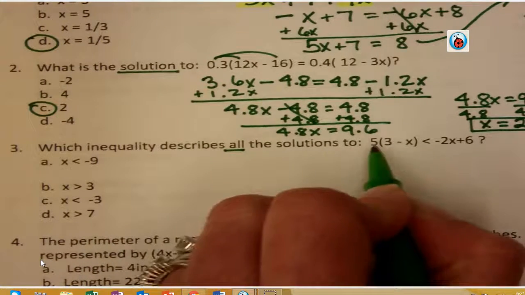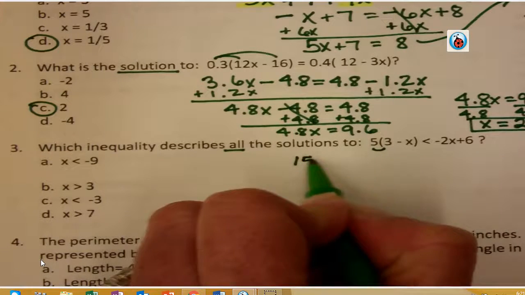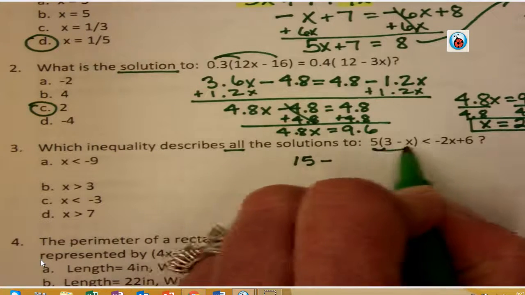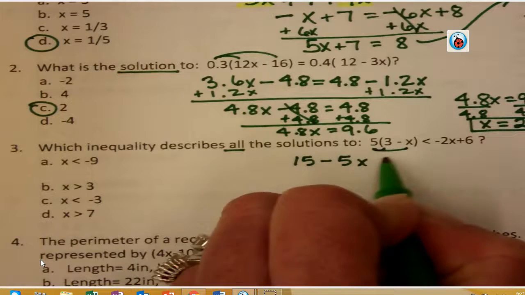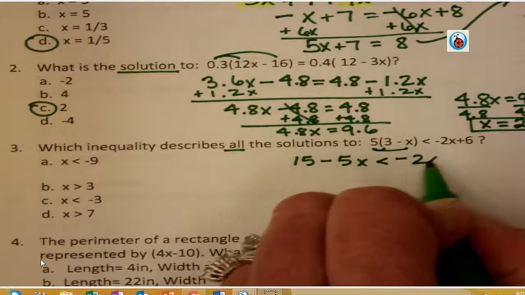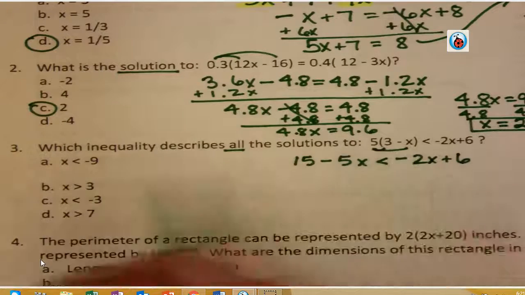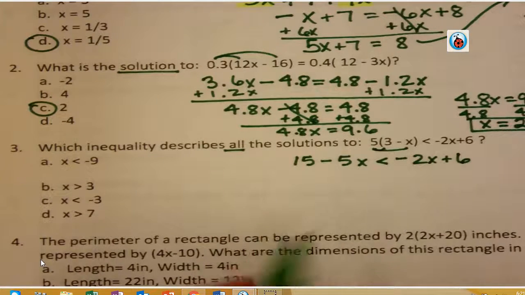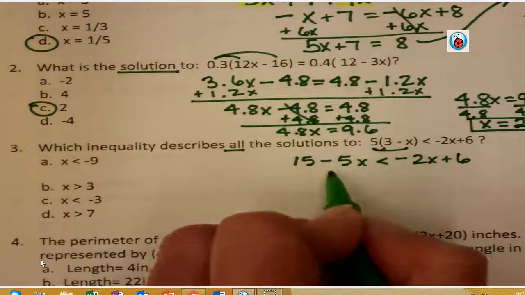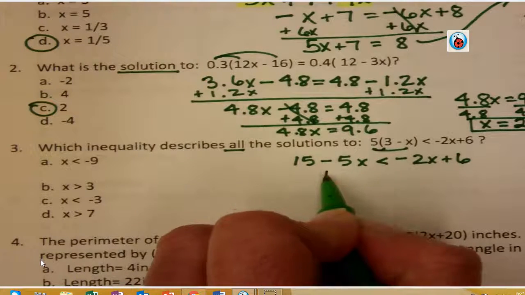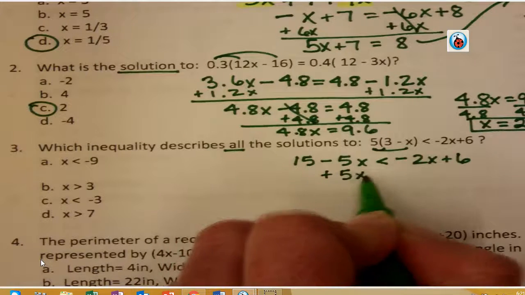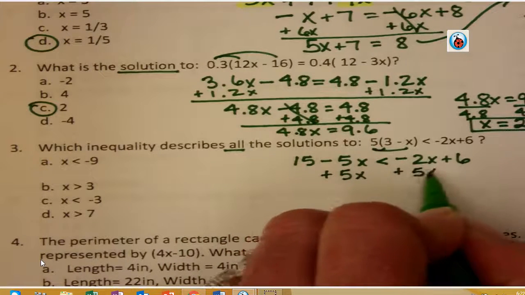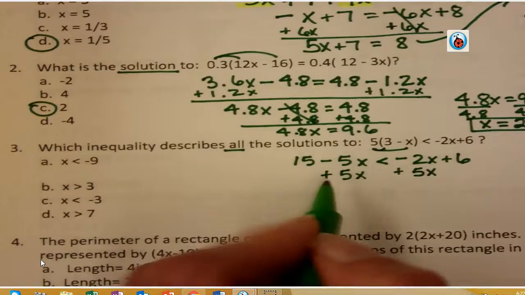I'm going to distribute 5 times 3 is 15 minus 5x less than negative 2x plus 6. I have nothing to distribute on this side of the equation. Now I just need to move my x's to one side and my numbers to the other. I like to keep it positive, so I'm going to add 5x to both sides. That way my x is not negative.